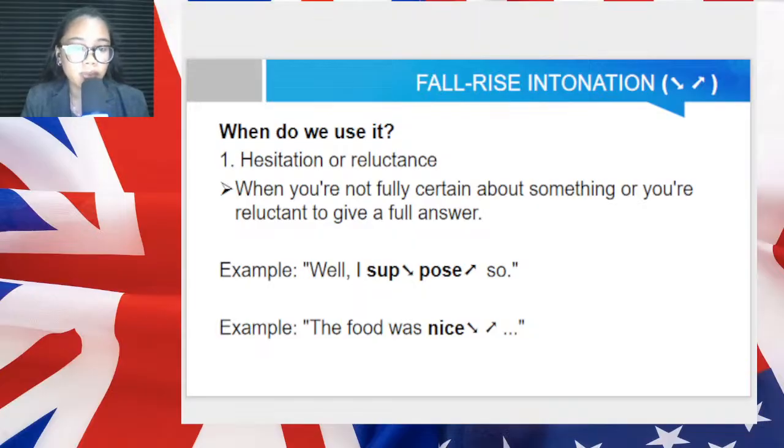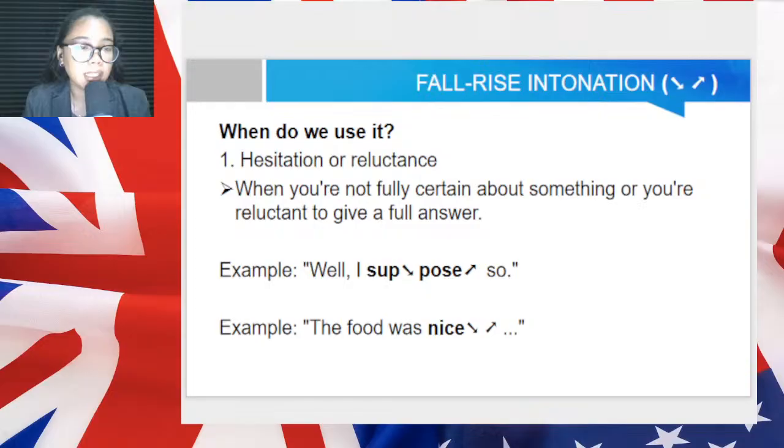The initial fall on "sup" might suggest an inclination towards agreement or a preliminary acknowledgement. However, the crucial rise on "pose" is what introduces the unmistakable element of hesitation or reluctance. This upward sweep prevents "I suppose so" from being a firm or enthusiastic affirmation.